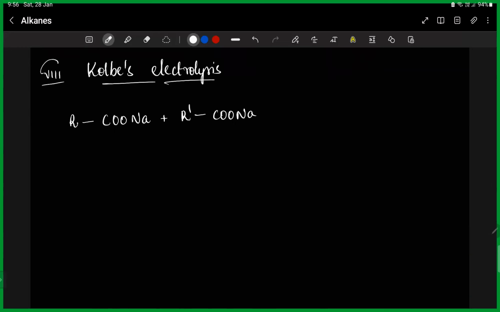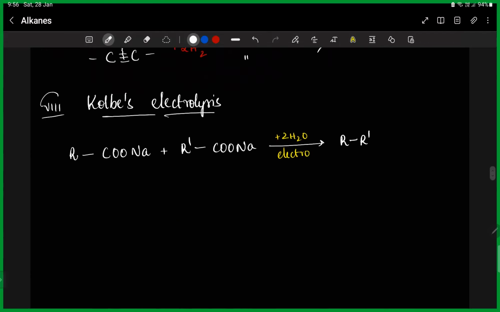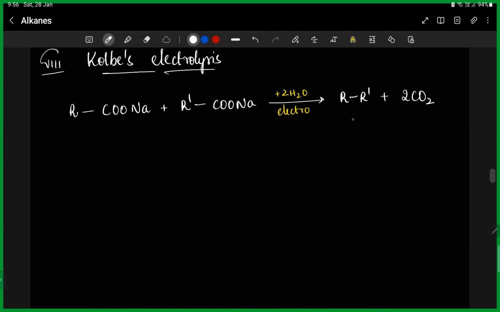So we are going to do electrolysis with 2H2O. What would happen is R–R', as you have expected. You can just guess the product. R–R' will form the product, and then the side products are 2CO2, and then you have H2 and NaOH.